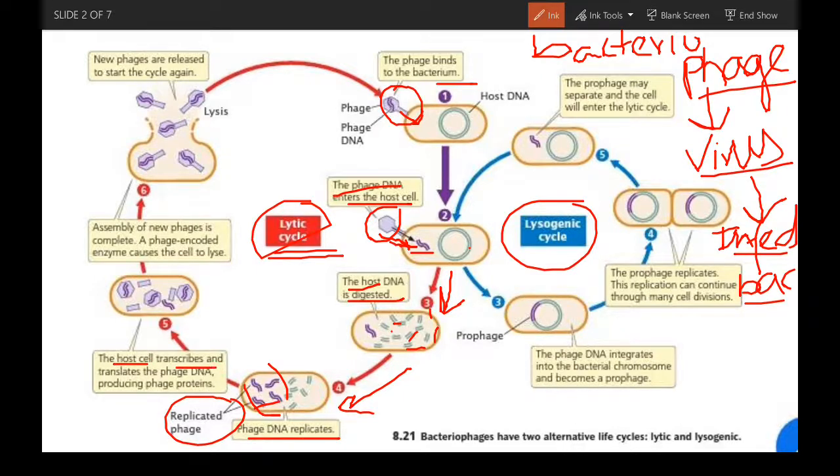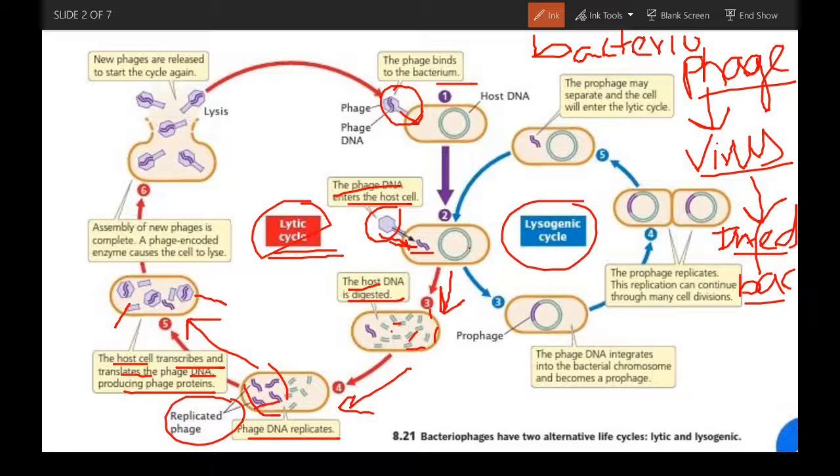Then the host cell transcribes and translates the phage DNA, producing phage proteins. So the translation and transcription mechanism of this bacterial cell has been taken up by the viruses, and now virus protein codes and virus DNA are being translated and transcribed, right?